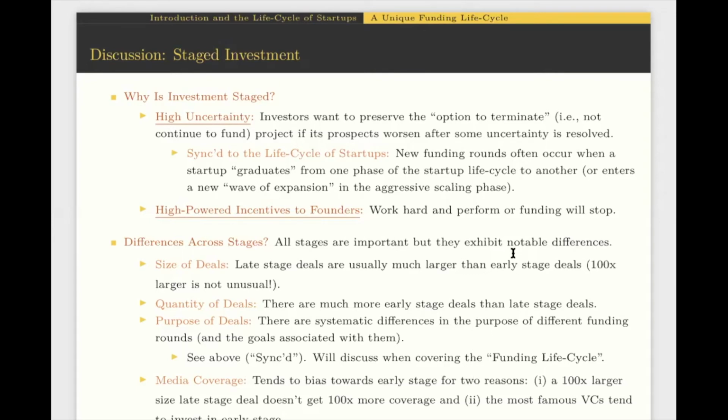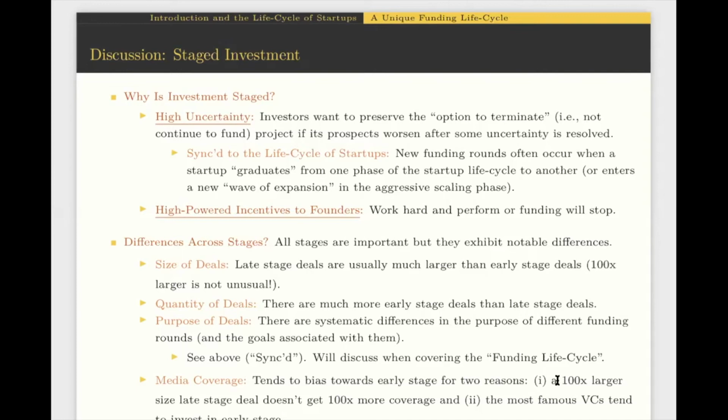But even though they're substantially larger, they don't generate the same proportion of additional media coverage. So if you have a late stage funding round that's 100 times larger than an early stage funding round, it's not going to receive 100 times more media coverage. So media coverage tends to track more the number of deals than the dollars invested in a deal.